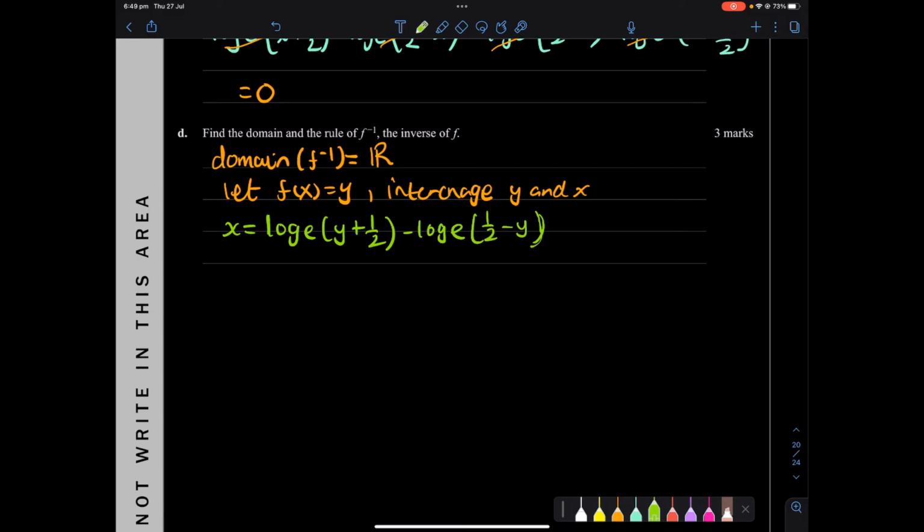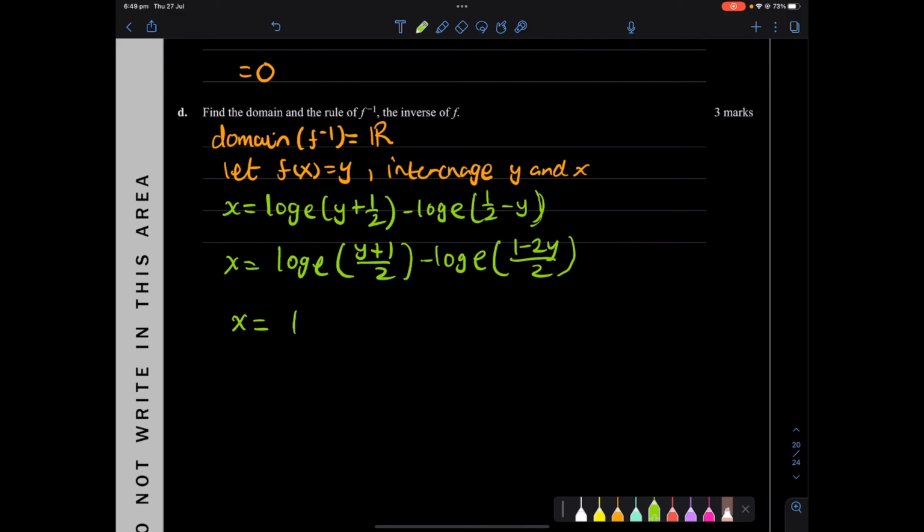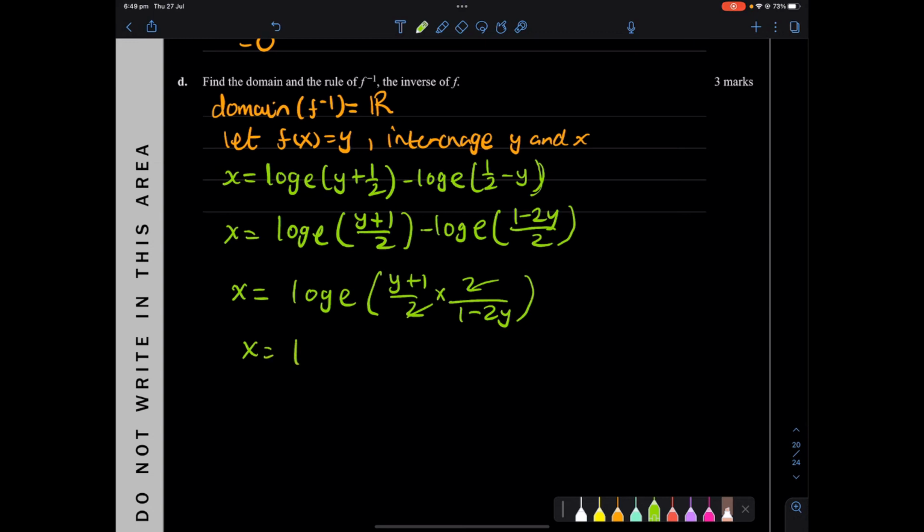I know that I can rewrite this as log e of y plus 1 over 2, minus log e of 1 minus 2y over 2. By using log laws, it's log e of y plus 1 over 2, divided by 1 minus 2y over 2. These cancel out, giving x equals log e of y plus 1 over 1 minus 2y.